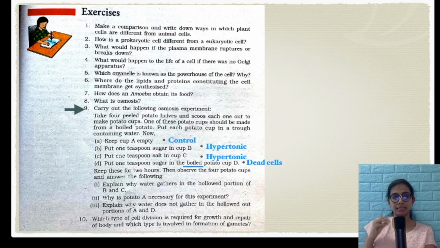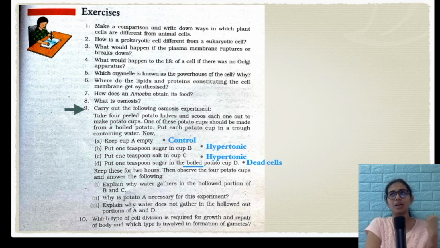That means inside the potato cup the solute concentration is high. That means hypertonic. Now, I know this osmosis can be very confusing. I was a student myself, and there was something very confusing while learning about osmosis. So I'll try my best to clear the confusions, okay?